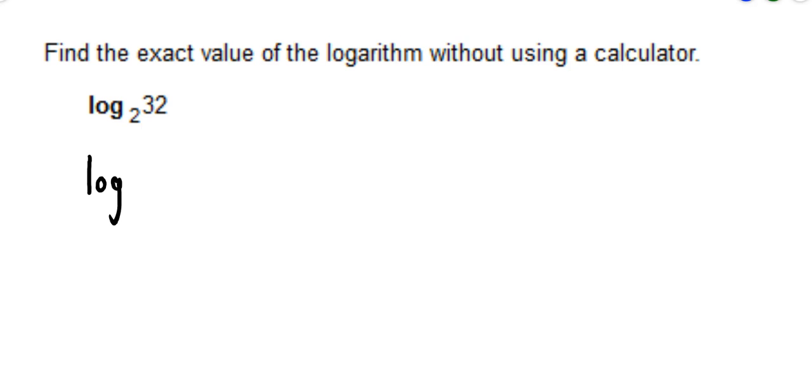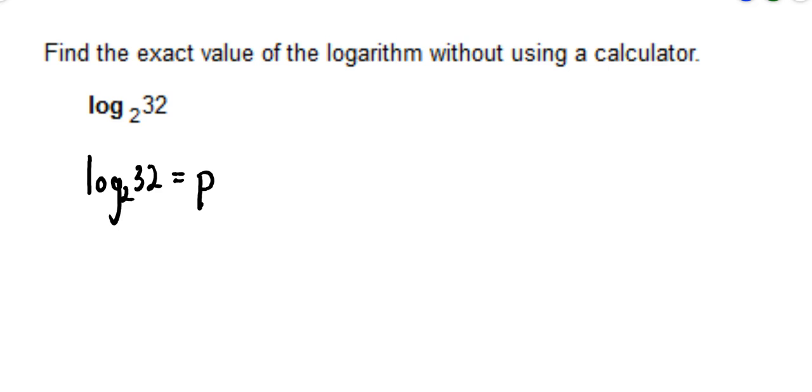I'm going to write my expression log base 2 of 32 and say that I don't know what this expression equals, so I'll use a variable p to represent what it equals. Now I chose p on purpose because p is for power or exponent, and the logarithm equals the exponent or the power. So it's going to remind me on how to rewrite this logarithmic equation.